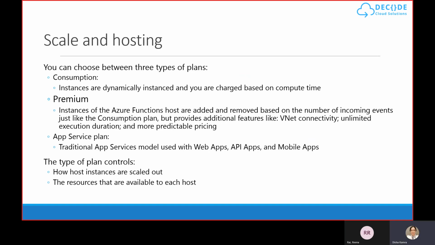So when we talk about all those plans in here, let me give you more depth on the consumption plan. When you are using the consumption plan, the instances of your Azure Functions host are dynamically added and removed based on the number of incoming events.